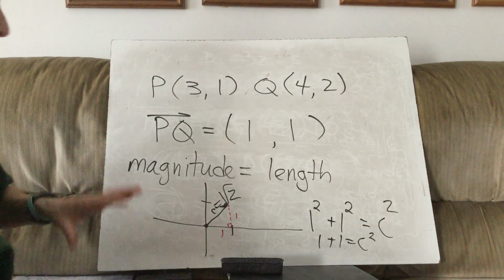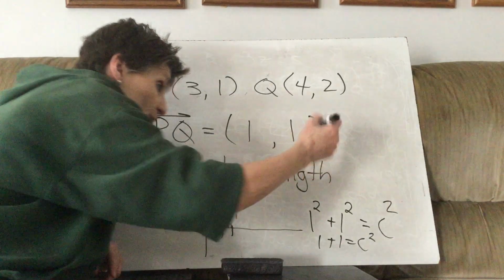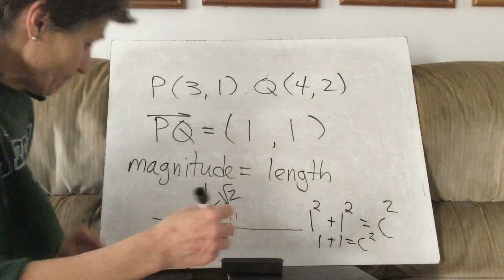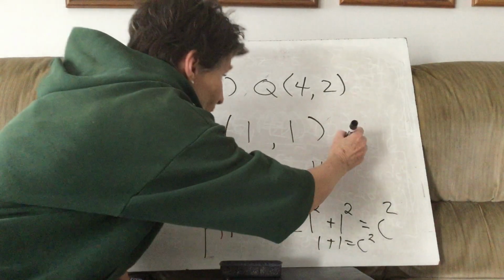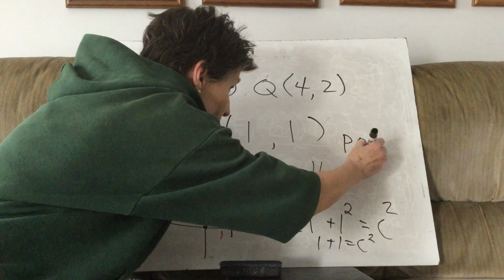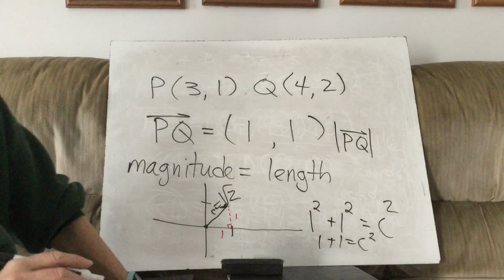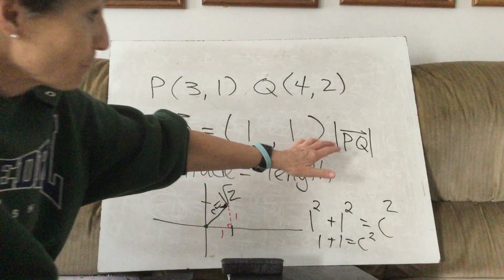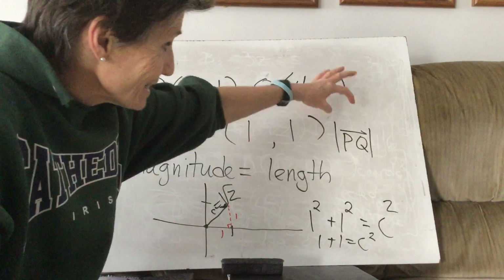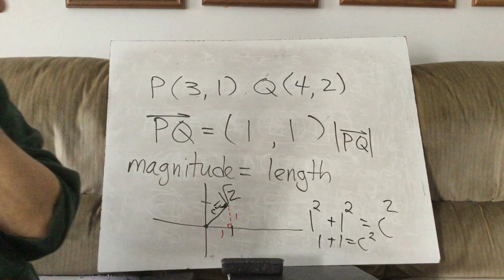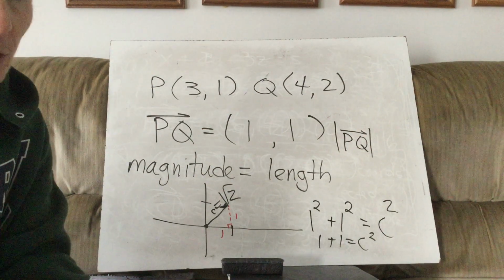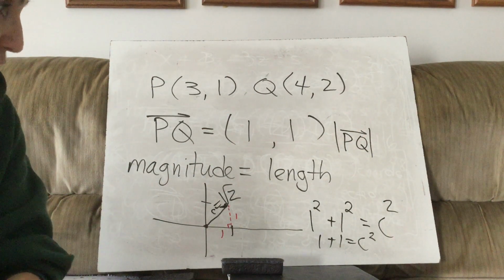Now, when we write our answer down, the way we express that is like this. Magnitude looks like absolute value. So when you see the vector inside absolute value, that means you are looking for its magnitude.